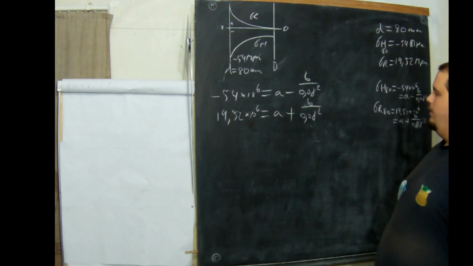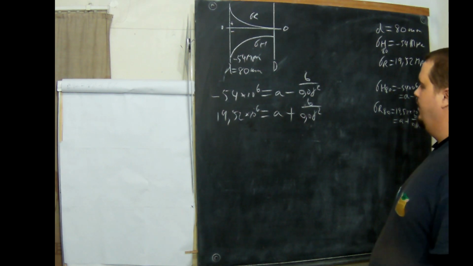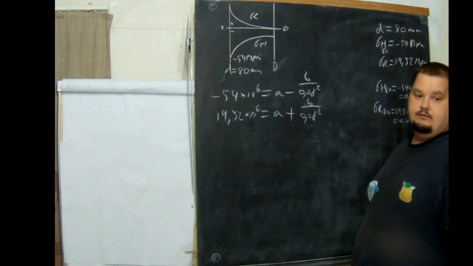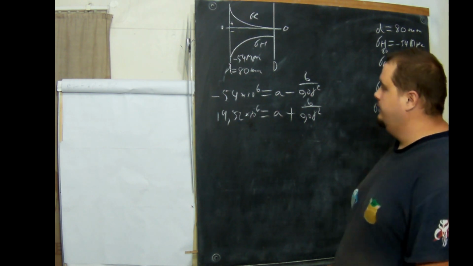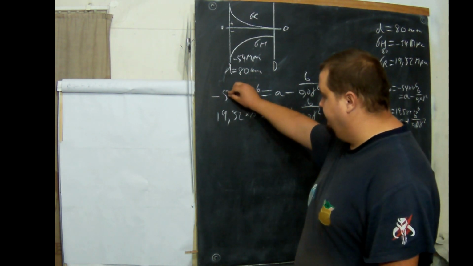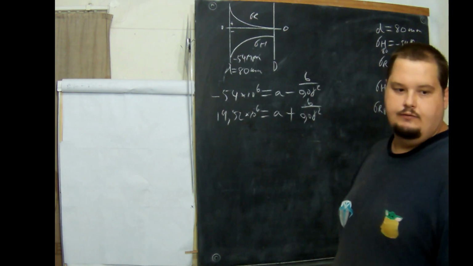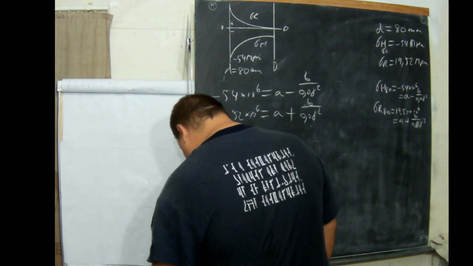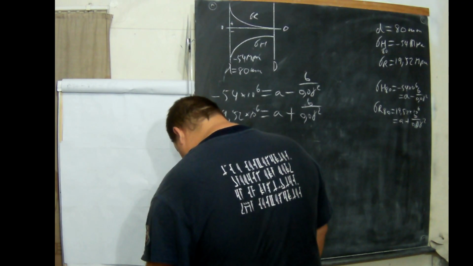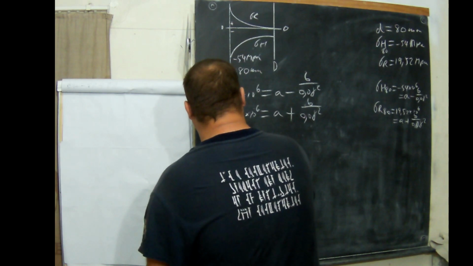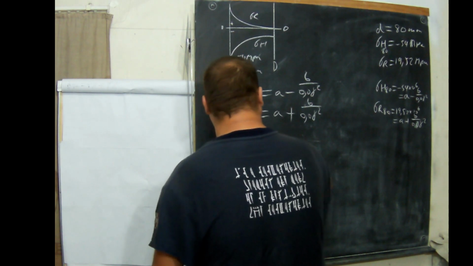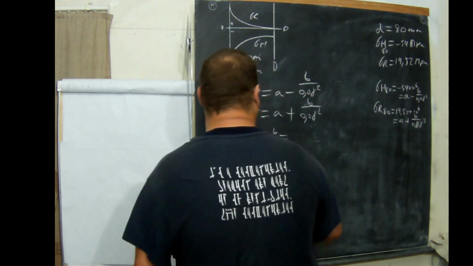Now we've got two equations that are very similar, with a slight difference between the two. Let's add them together. Minus 54 plus 19.52 gives us minus 34.48 times 10 to the 6.